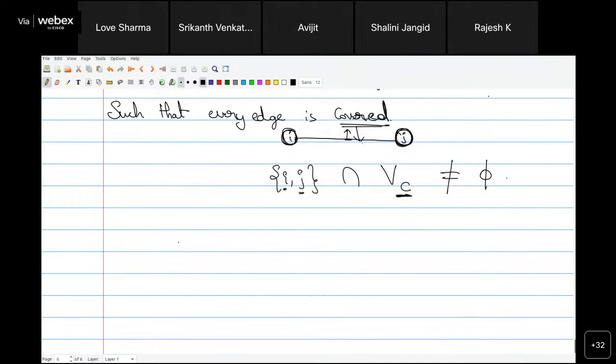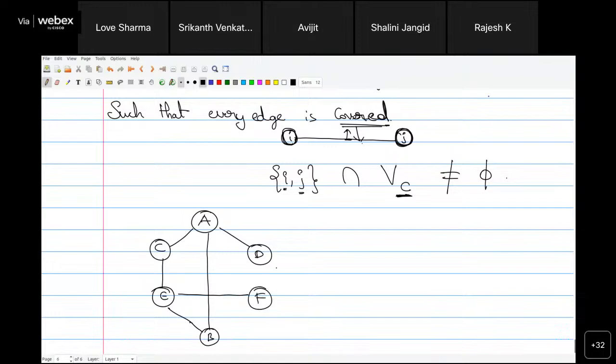Okay, so let us take this example, some big example. C, D, E. Okay, let's take this graph.